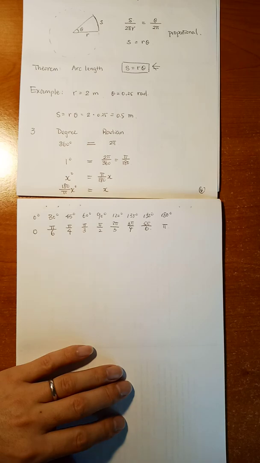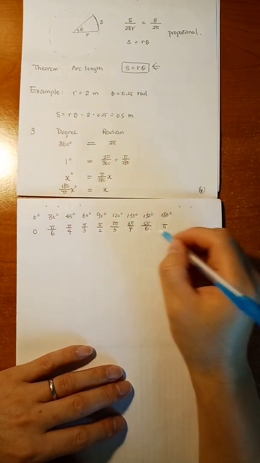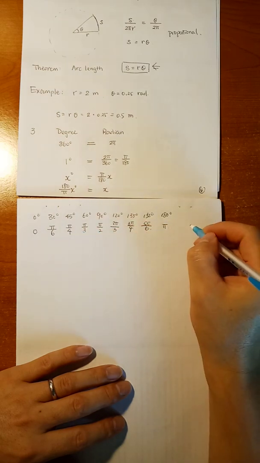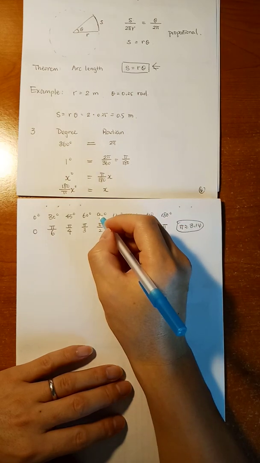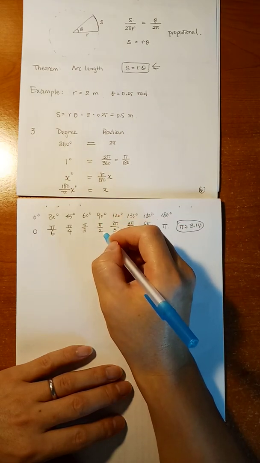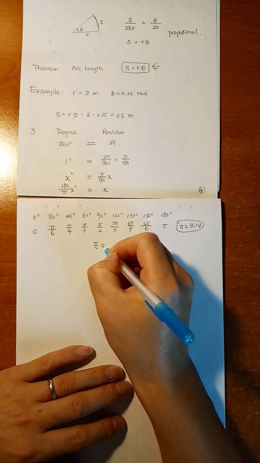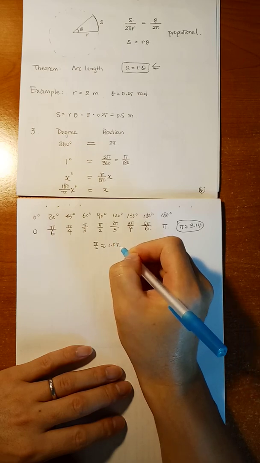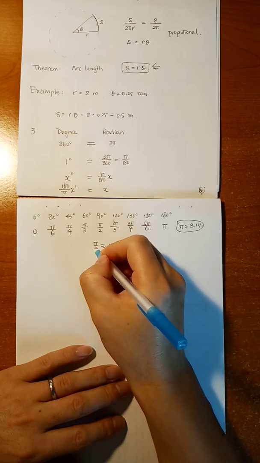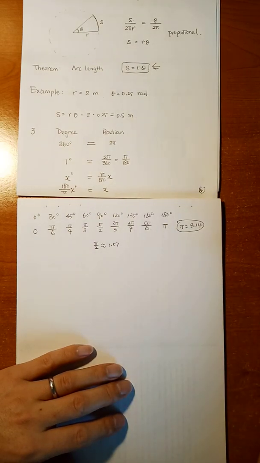And also keep in mind, pi is a number in the number system. Pi is approximately 3.14. So for example, 90 degrees corresponds to pi over 2. Pi over 2 is about 1.57, so it's a number bigger than 1.